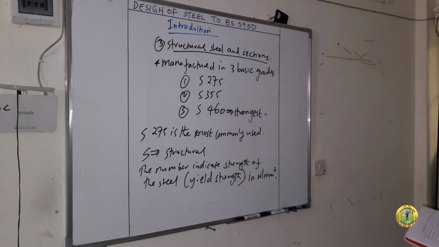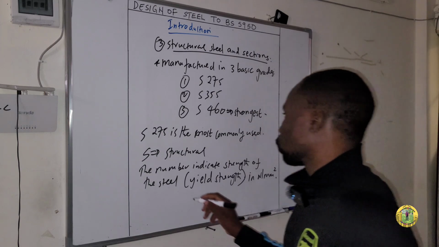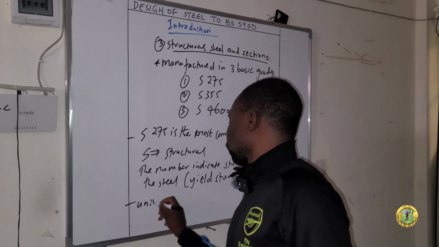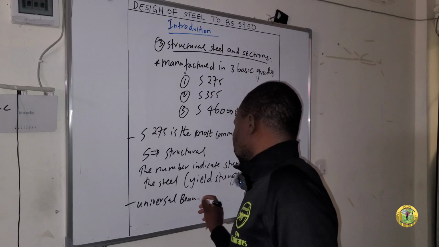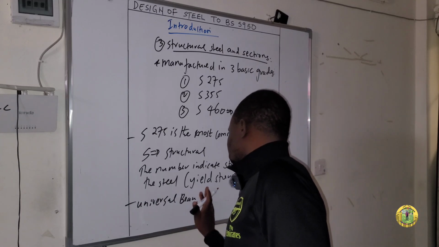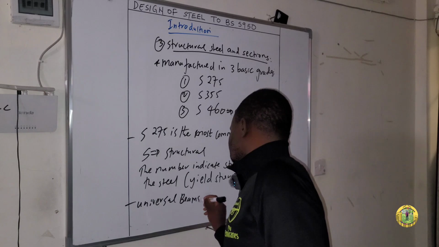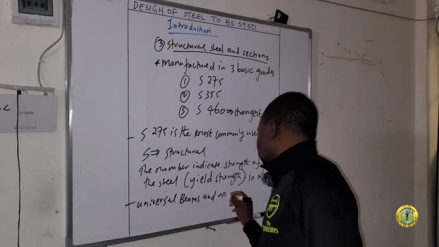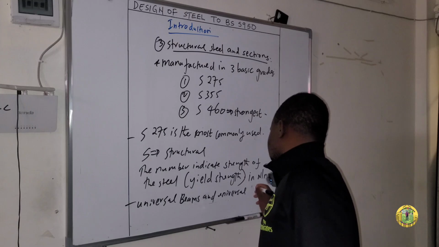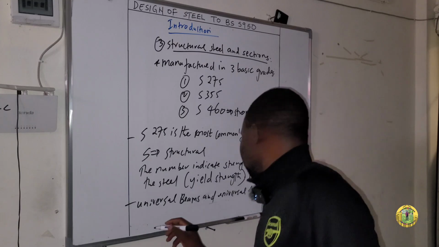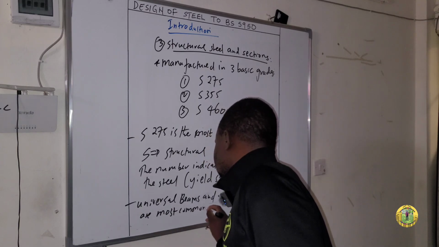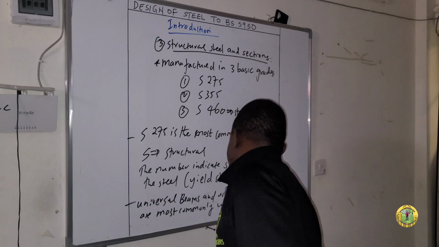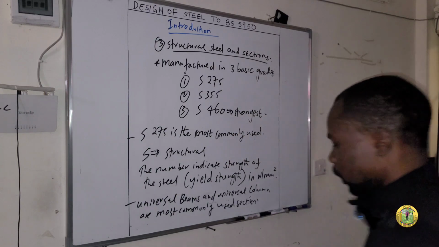The most commonly used sections are universal beams, UB, and universal columns.